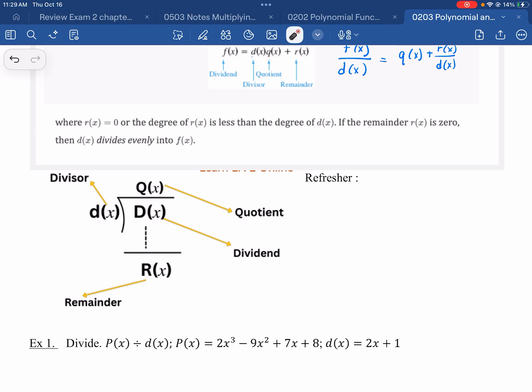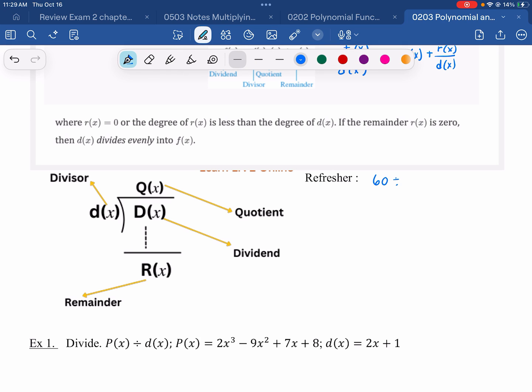So if we had 60 divided by 13, we'd put 13 outside and 60 inside. We're not doing decimals, so we're not putting a decimal point or anything like that. I'd figure out how many times you need to multiply 13 by to get close to 60. And so I have 4.